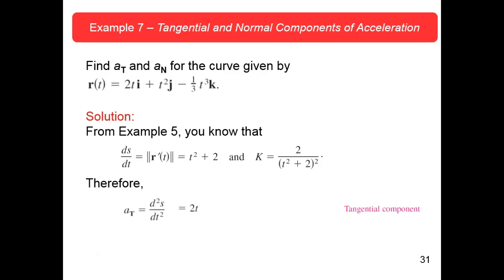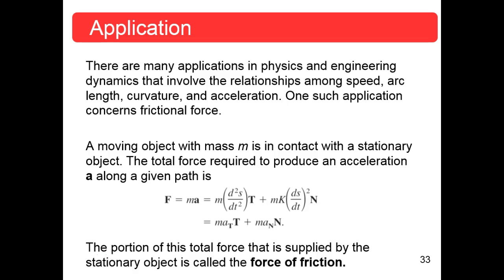Your normal component of your acceleration is k times ds dt squared, where your ds dt squared is t squared plus 2 squared, and your k is 2 over t squared plus 2 squared. So it leaves you 2 over t squared plus 2 squared times t squared plus 2 squared, which is simply 2. Normal component is that.